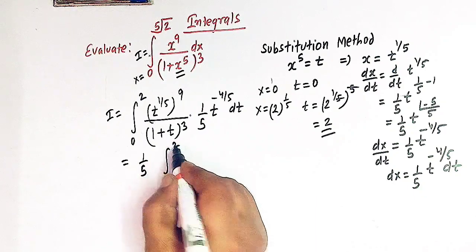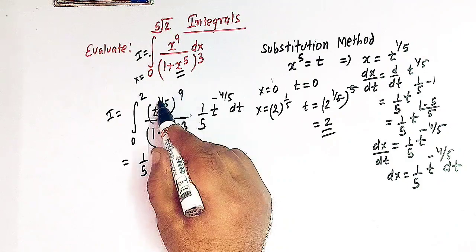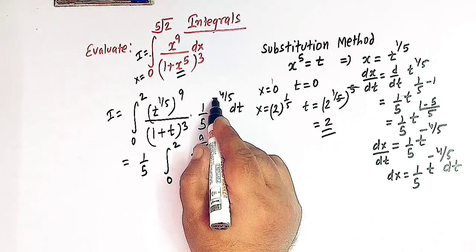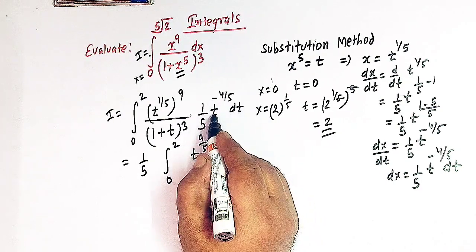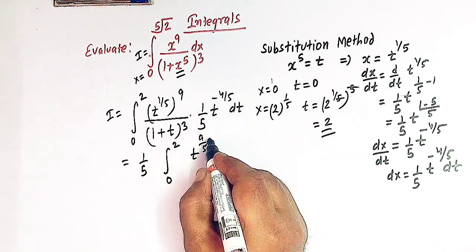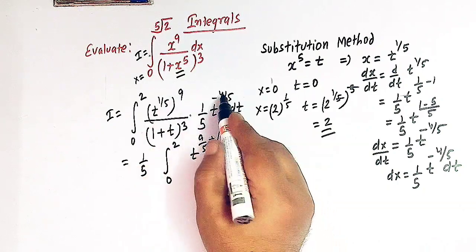We have 0 to 2, and here we have t raised to 9 over 5 and here we have minus 4 over 5. So the bases are the same, and by the laws of exponents we can add both these fractions.